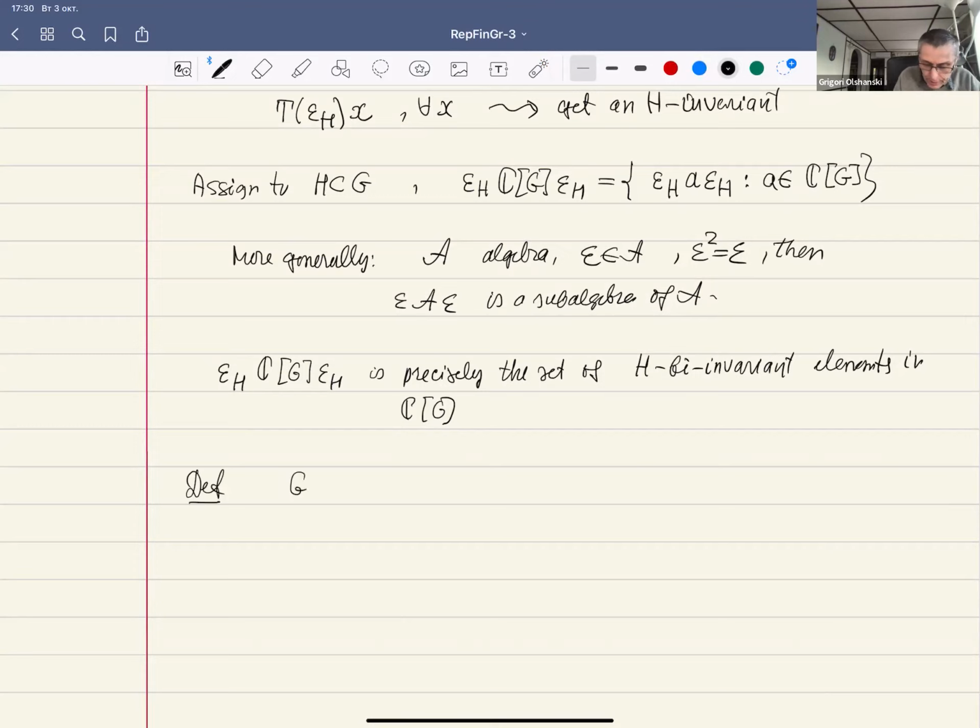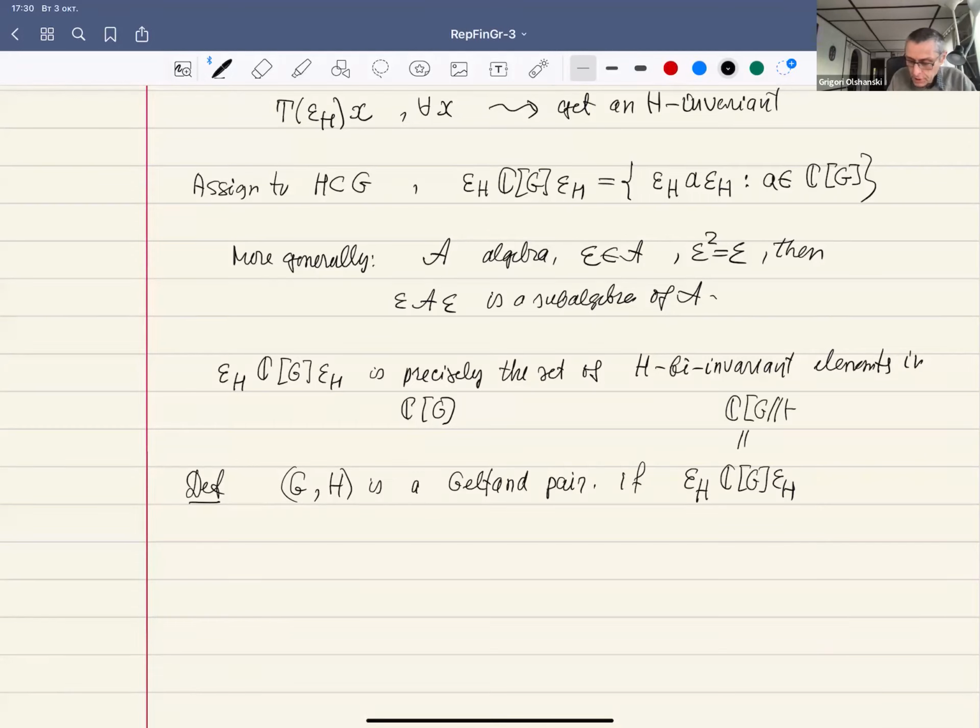One says that G and H is a Gelfand pair if this subalgebra, which is also denoted sometimes in this way, this is just a notation.